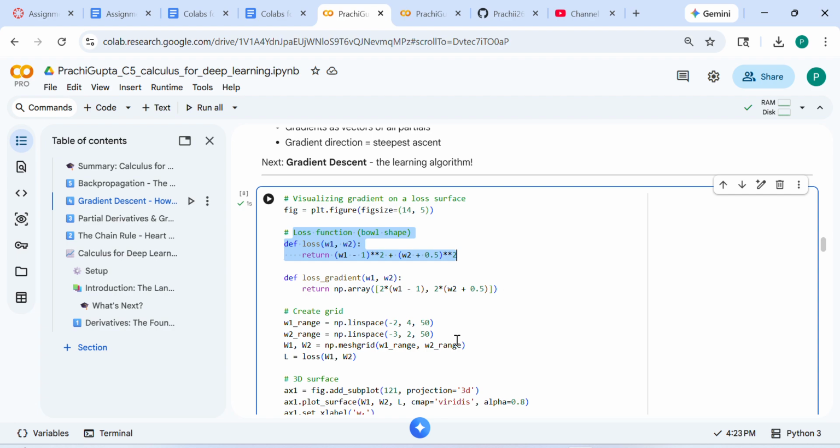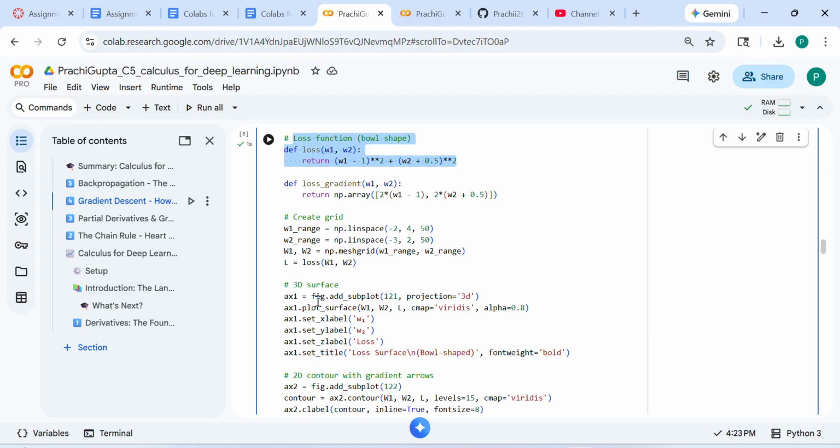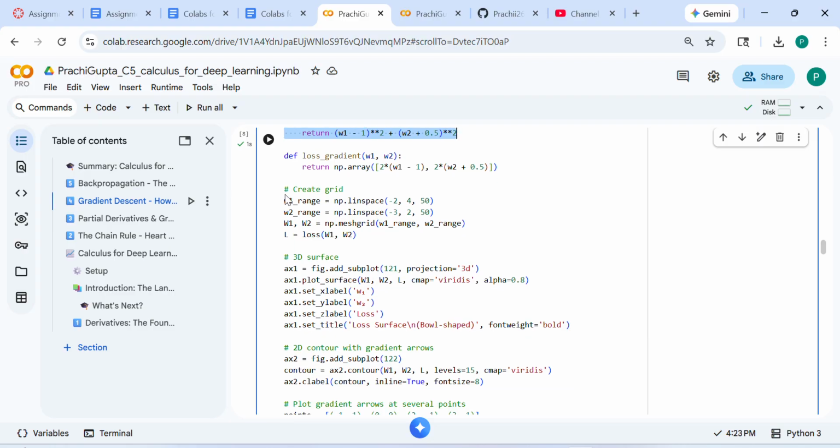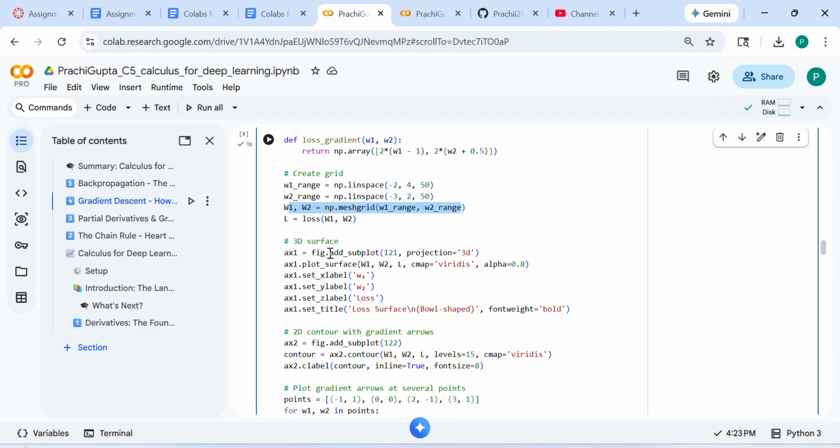It creates a grid of W1 and W2 values with a meshgrid and computes the loss everywhere. Then it plots the contours and the surface to show where the loss is high and where the loss is low, that is, the minimum.